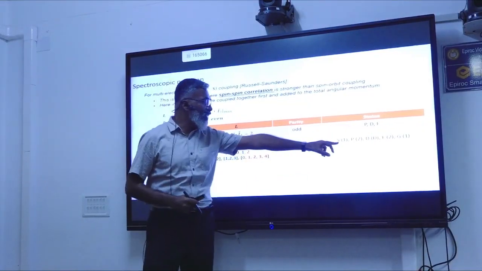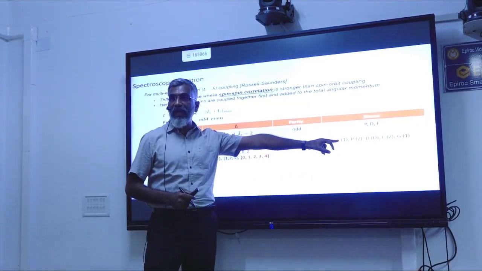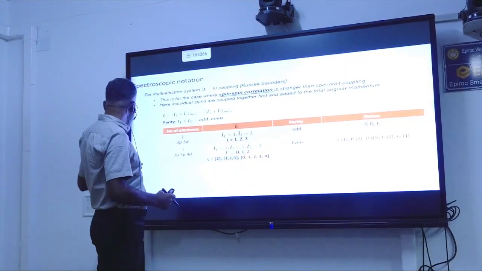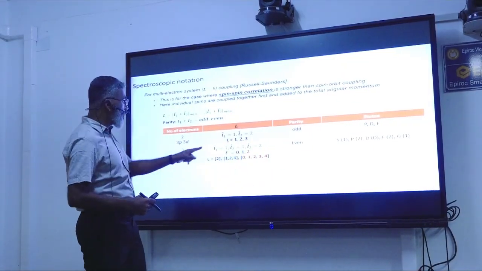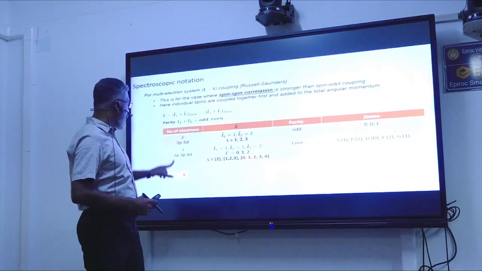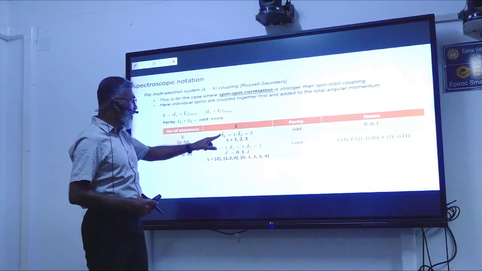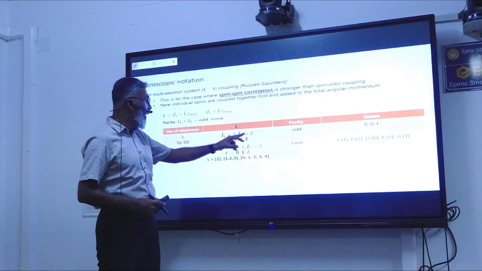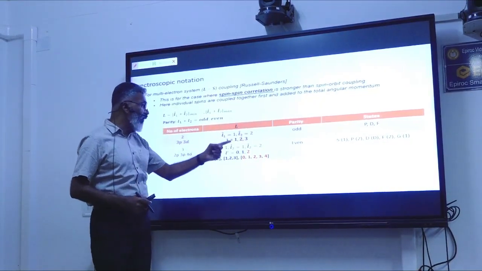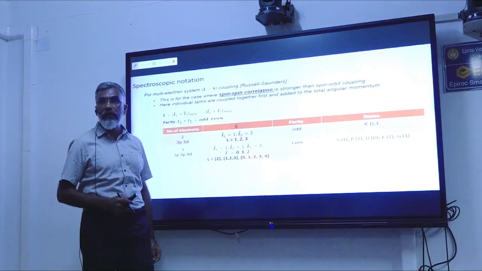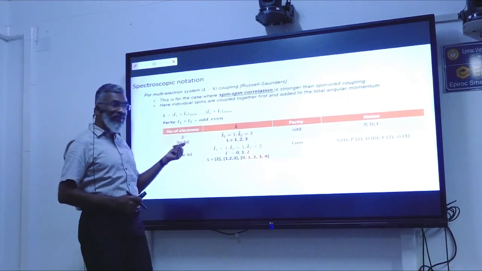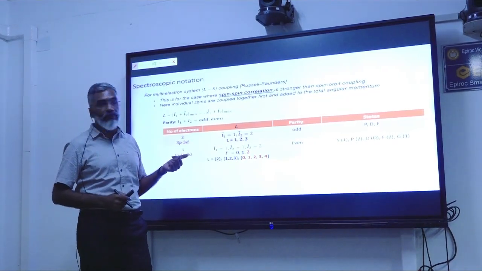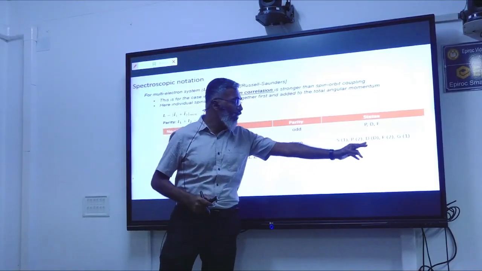So S is for l equal to 0, P is l equal to 1, D is l equal to 2, and so on. Okay? Now we need to combine this. That is 2 because it is a D orbital. When D, l equal to 2, because 0, 1, and 2.